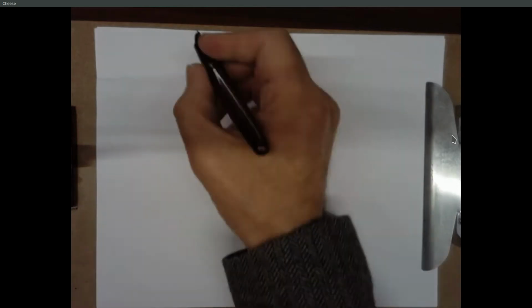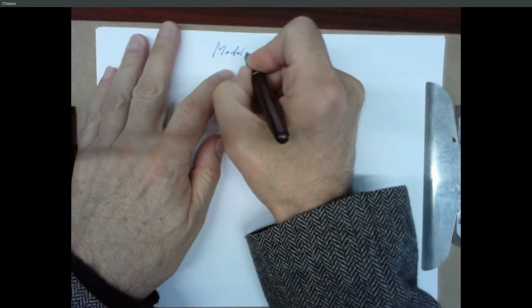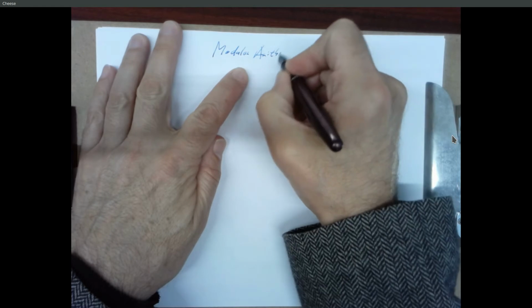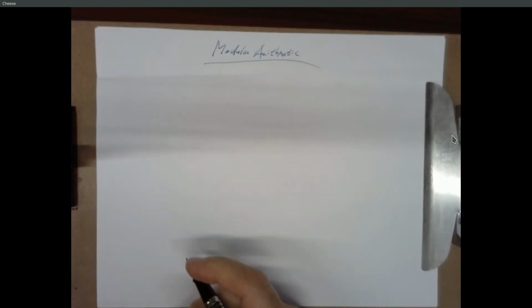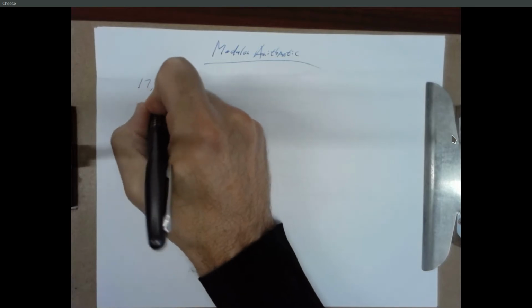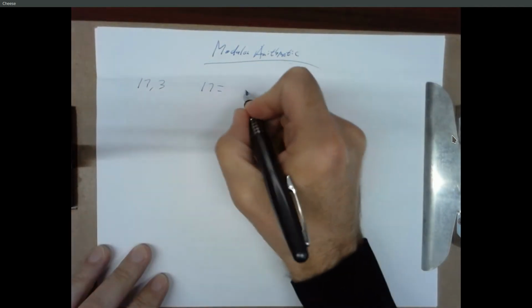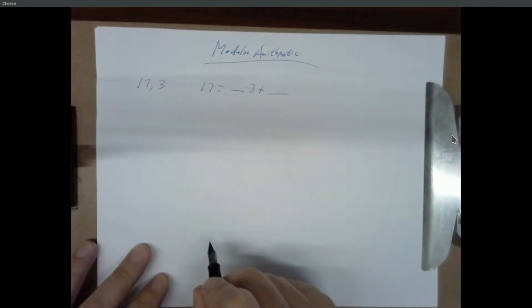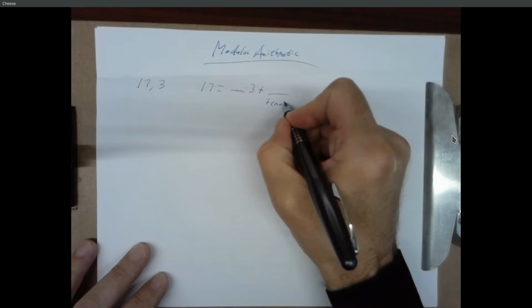All right, well, let's talk about modular arithmetic. So we talked about this idea on Wednesday of divisibility, and we made sort of the observation that if we pick two numbers like 17 and 3, we can write 17 as something times 3 plus some remainder.